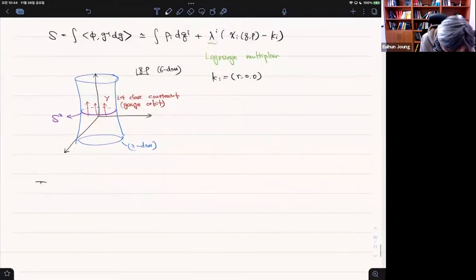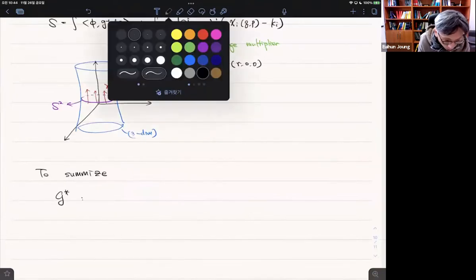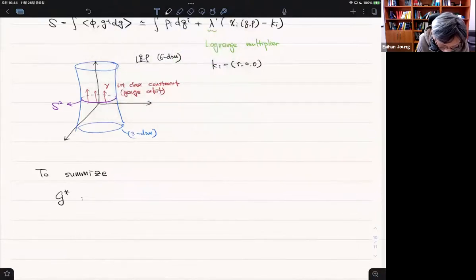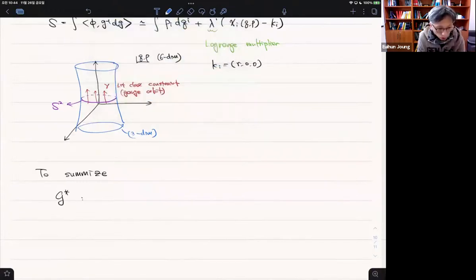So to summarize, G star, we can see that what we do is that we describe the space of G star covariant, but redundant parameterization.